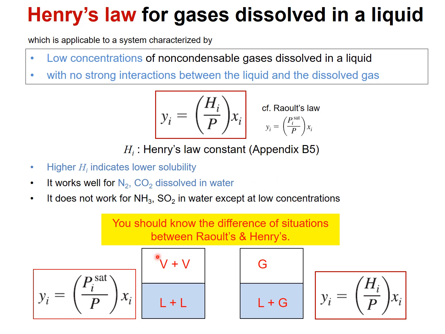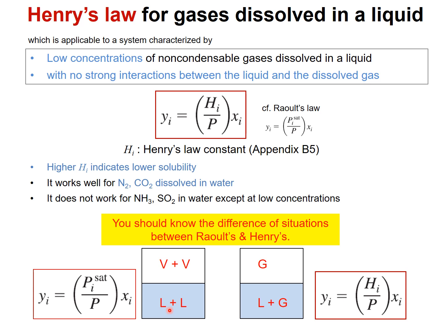One more thing. You should know the difference of situation between Raoult's law and Henry's law. The left one is Raoult's law and the right one is Henry's law. So here is the container for both cases, and in Raoult's case we are thinking about the vapor-liquid equilibrium between vapor and liquid.